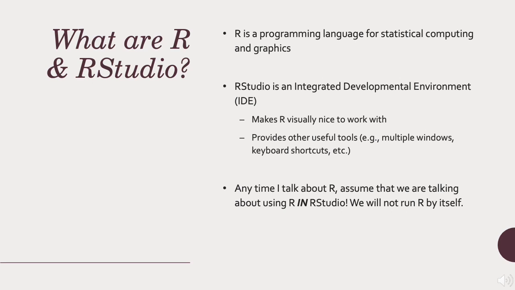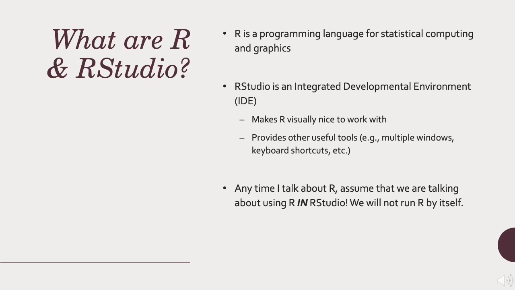RStudio also provides other useful tools, so you have multiple windows, there's keyboard shortcuts, there's various ways to render and depict output. It also integrates with other things like Git and GitHub, and you can see your environment, like what variables have you created. It's just generally a nicer experience. It also now has a what you see is what you get kind of writing editor.